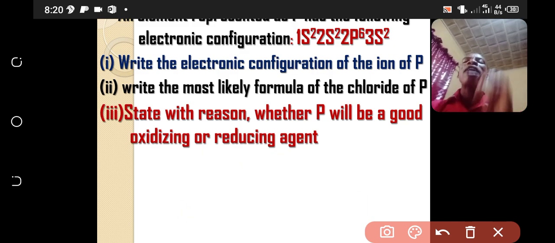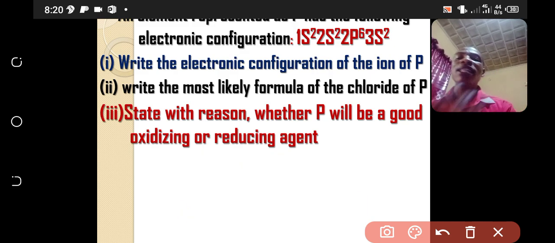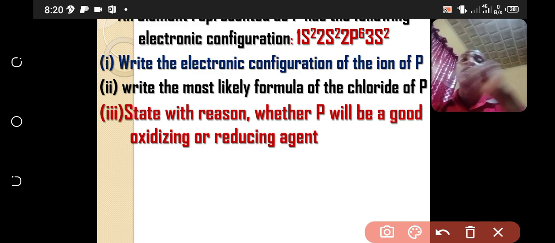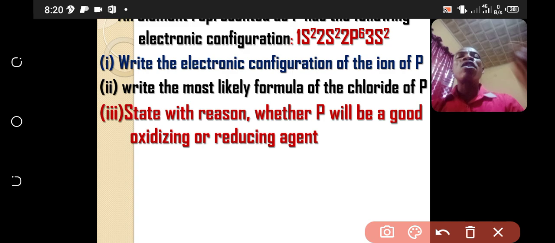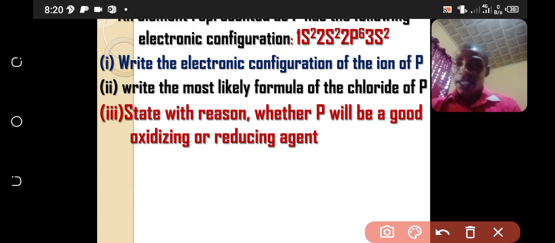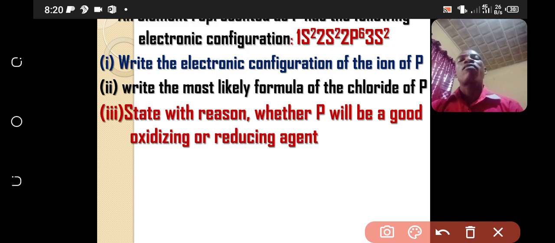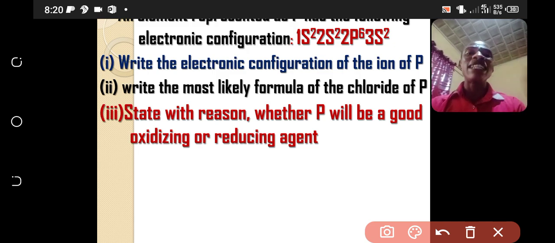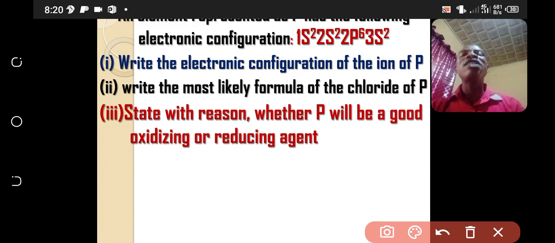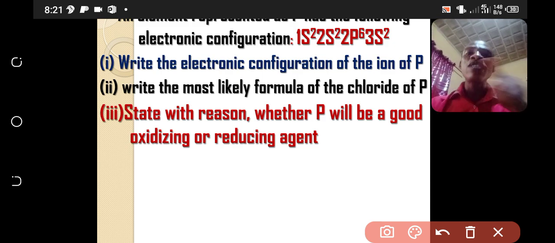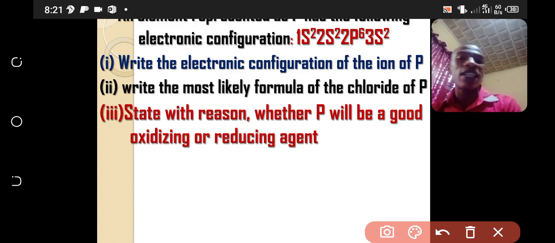Now the reason why this question came up is number 3. It says we should state whether P will be a good oxidizing or reducing agent. Because P will ionize by losing electrons, it will be a good reducing agent, because reducing agents are electron donors. Electron losers are reducing agents.